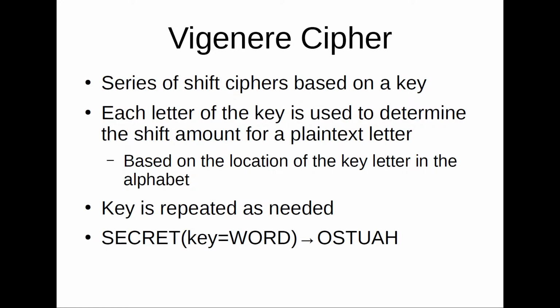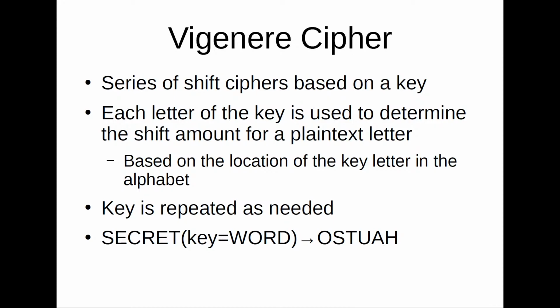And the Vigenere cipher, which is a polyalphabetic cipher, was considered unbreakable for hundreds of years after it was created. And it's basically just a bunch of shift ciphers where you have a key, which is a word, and each letter in the key corresponds to the shift amount for a plain text letter.